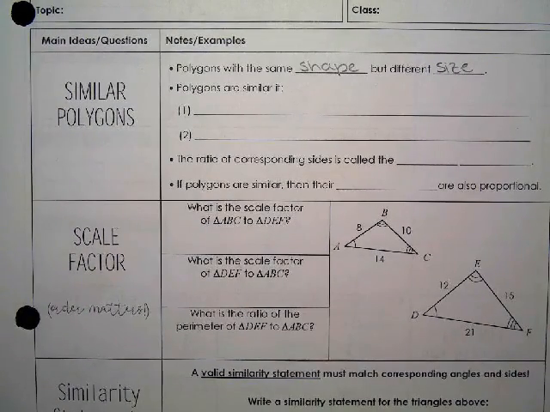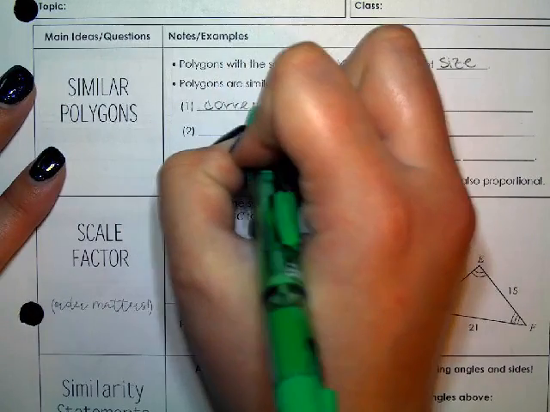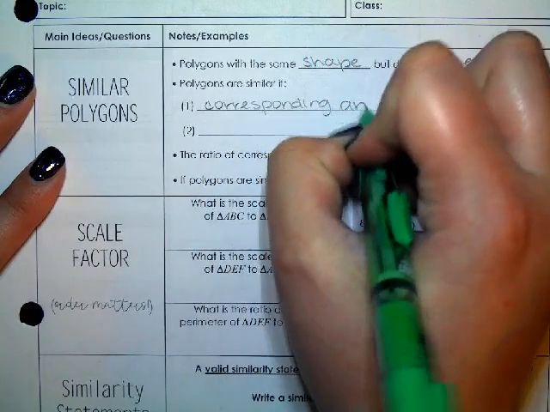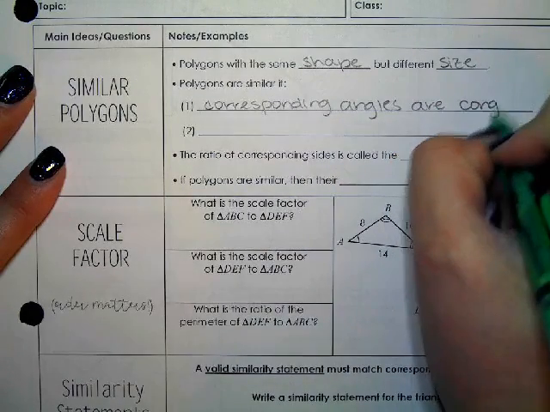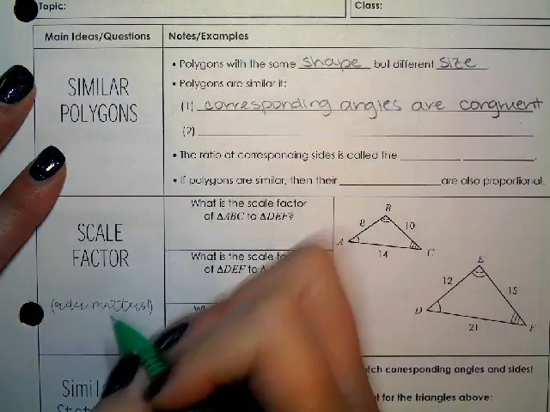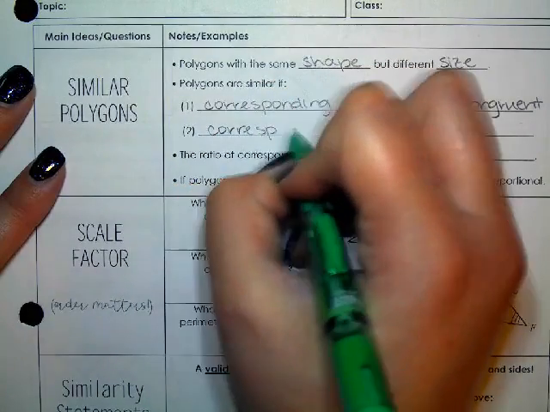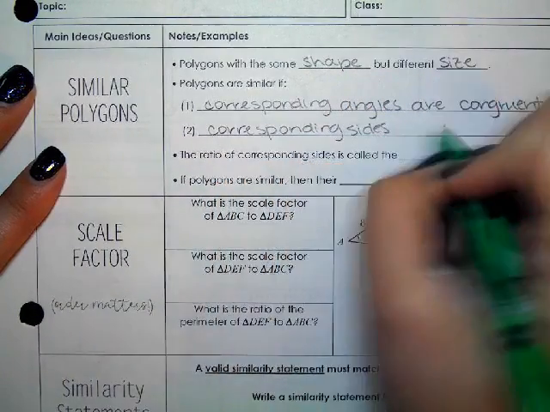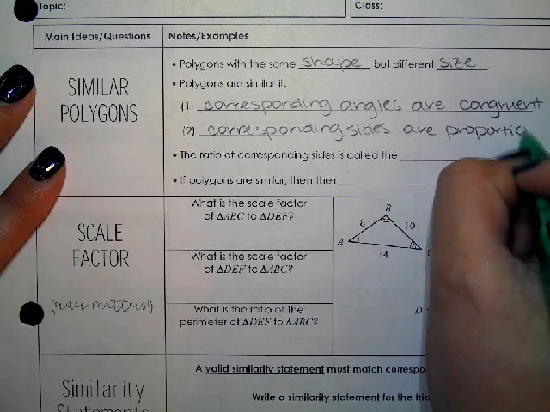They are similar if the corresponding angles are congruent, and the corresponding sides are proportional. So the sides are not congruent, but they are proportional.